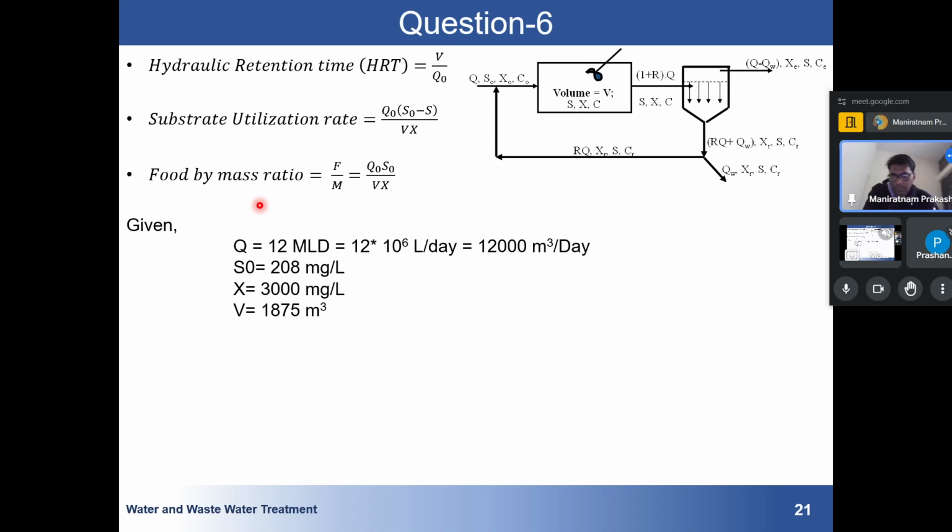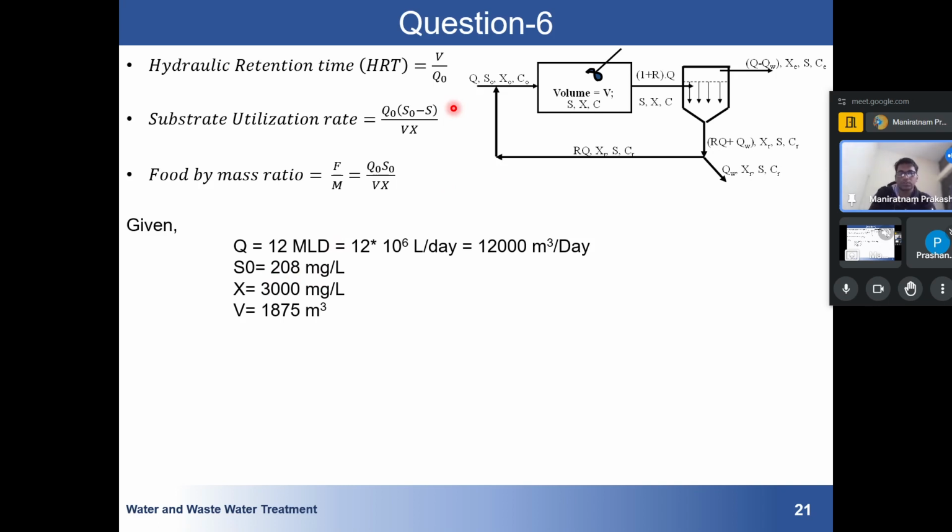Okay, so for our question, we have been provided with every data. Q is 12 MLD, that is 12 into 10 power 6 liter per day, that is 12,000 meter cube per day. S naught is also given, 208 milligram per liter, that is the initial. S naught is substrate, meaning initial BOD.